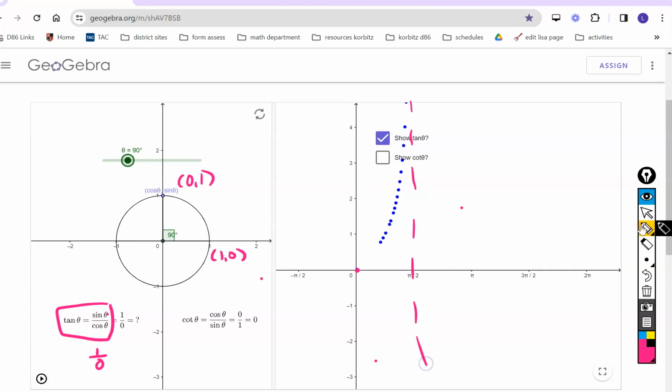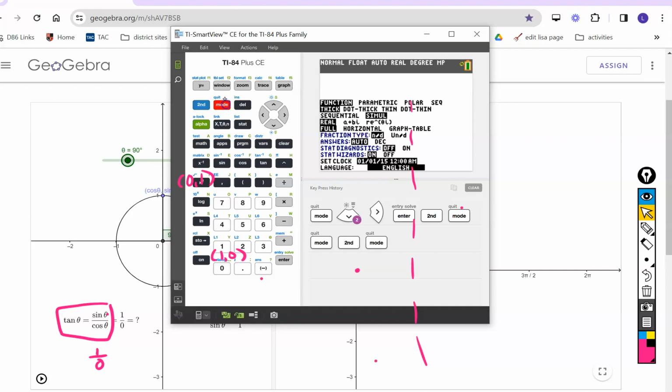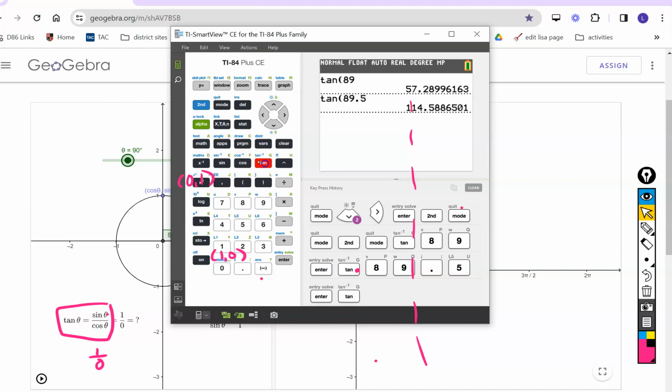You might want to take a moment now to think about this with your calculator. I went to mode and I am in degree mode. What is the tangent of 89 degrees? What is the tangent of 89.5 degrees? What is the tangent of 89.9 degrees?